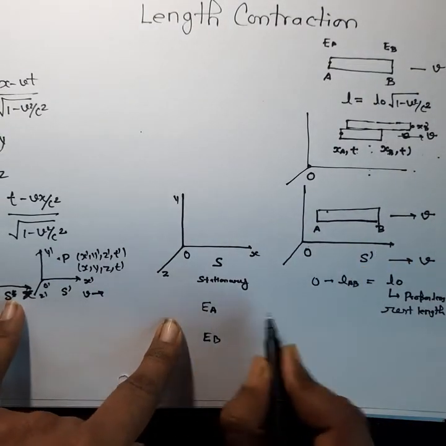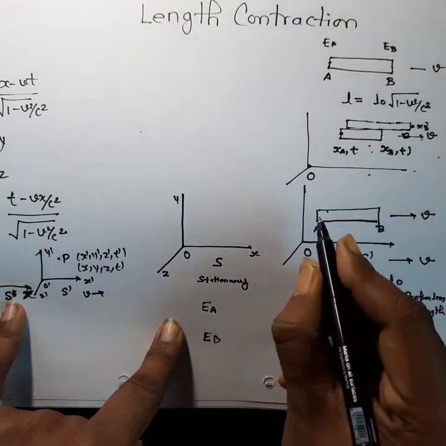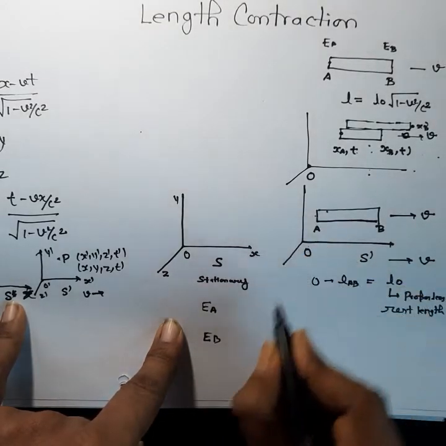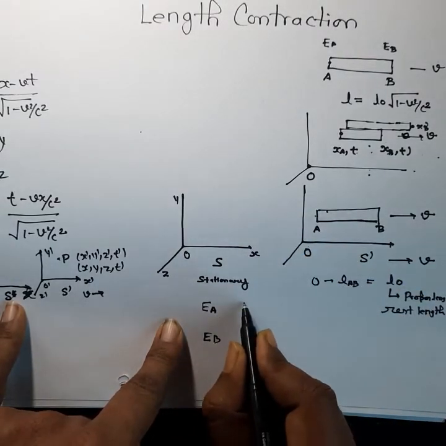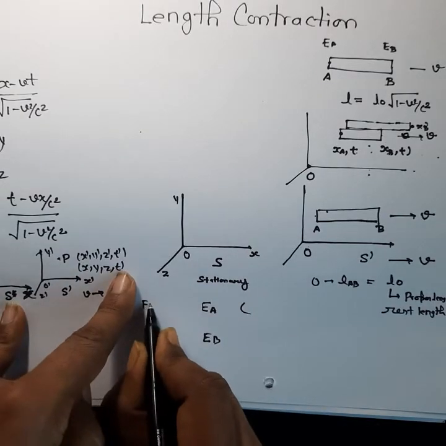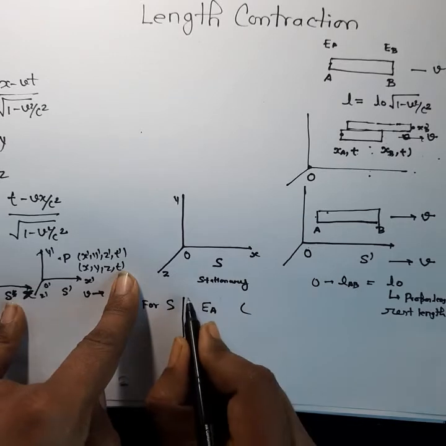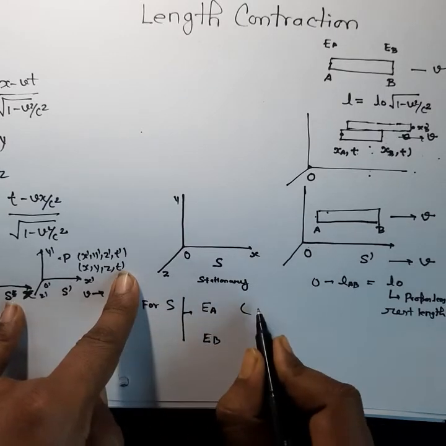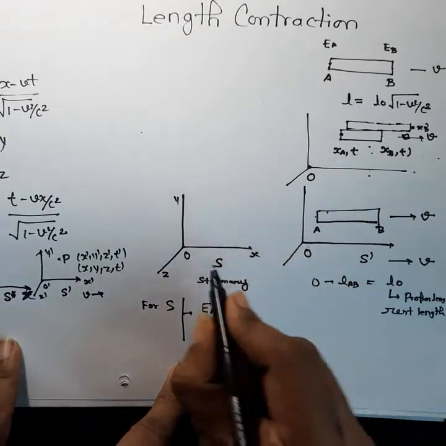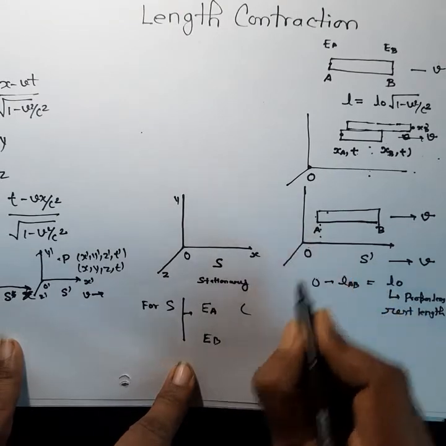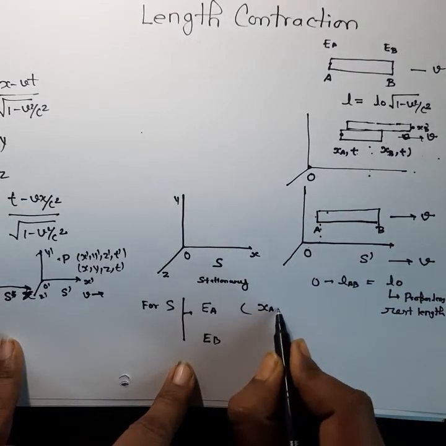For S frame of reference, I am writing for S first. The coordinates of this end for event EA will be XA.